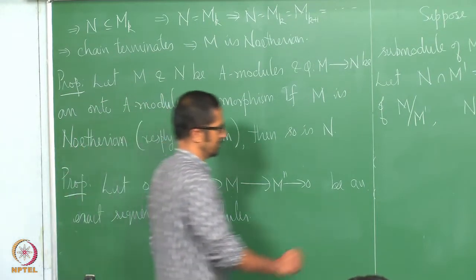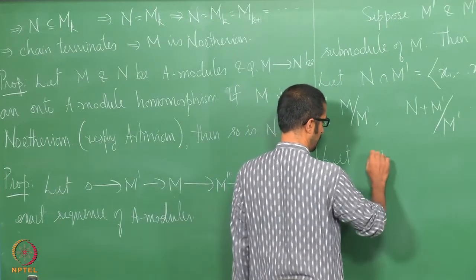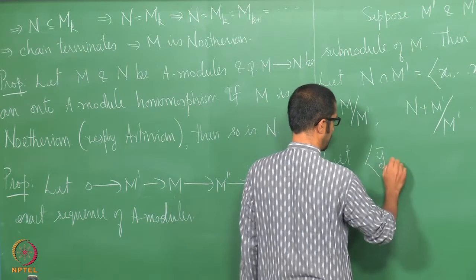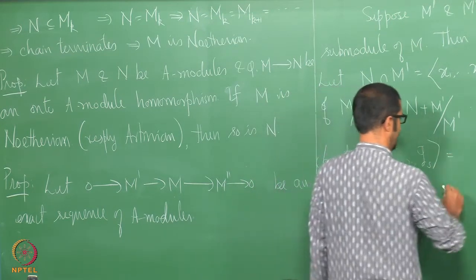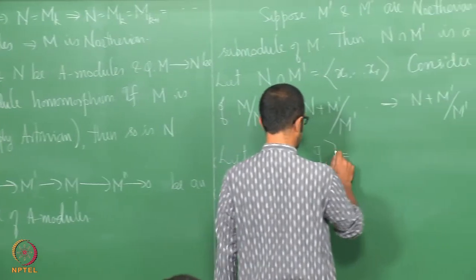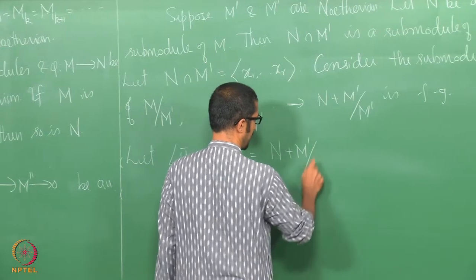So, let y1 bar up to ys bar, the A span of this, be equal to (N plus M') mod M'.